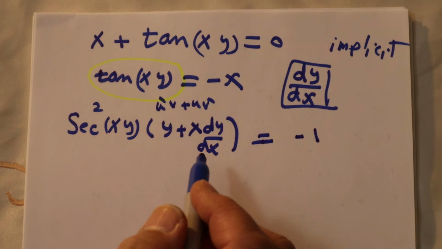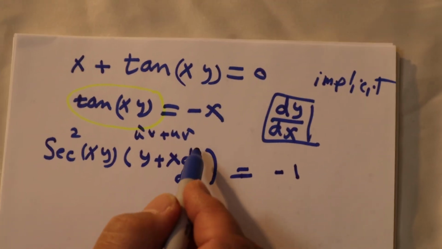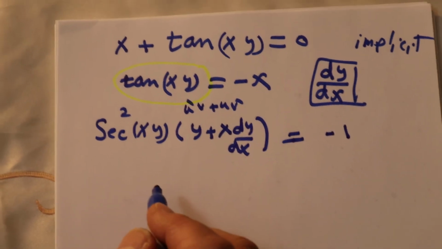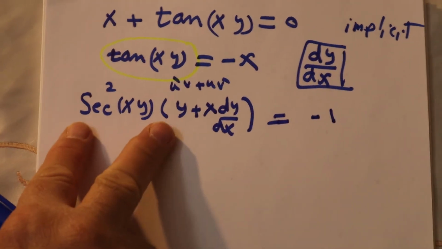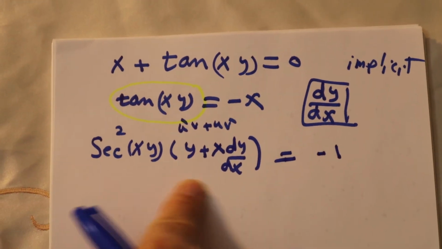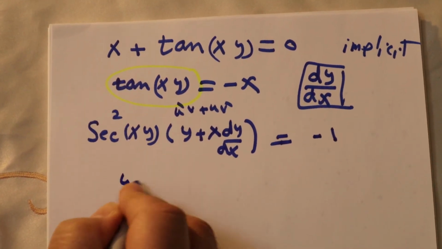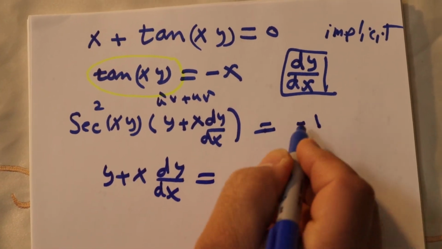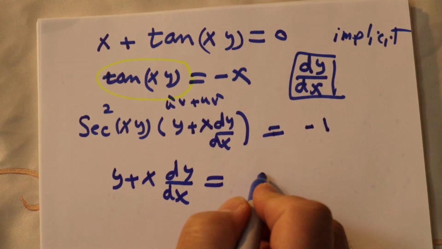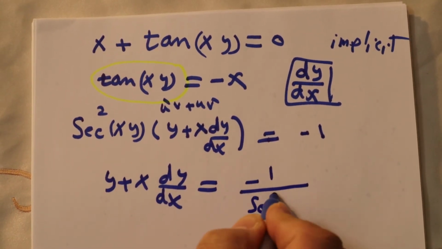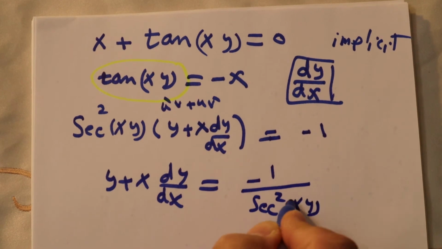And remember, our target here is to separate dy over dx. So let's divide both sides by secant square xy. So y plus x dy over dx equals negative 1 divided by secant square xy.